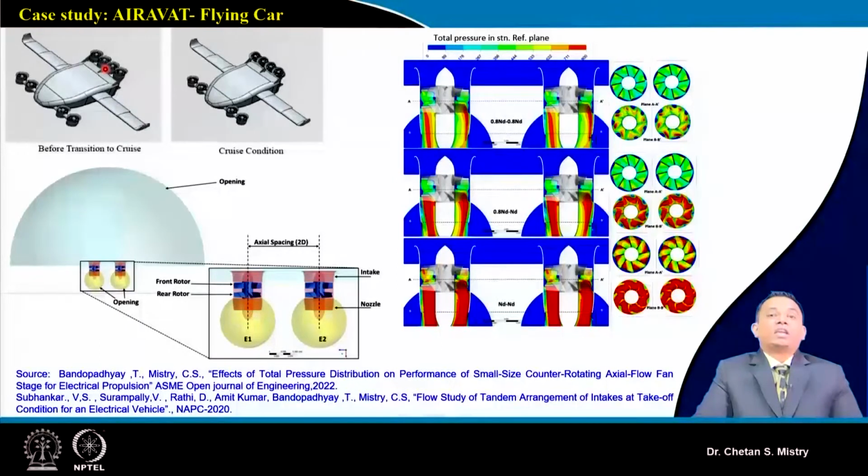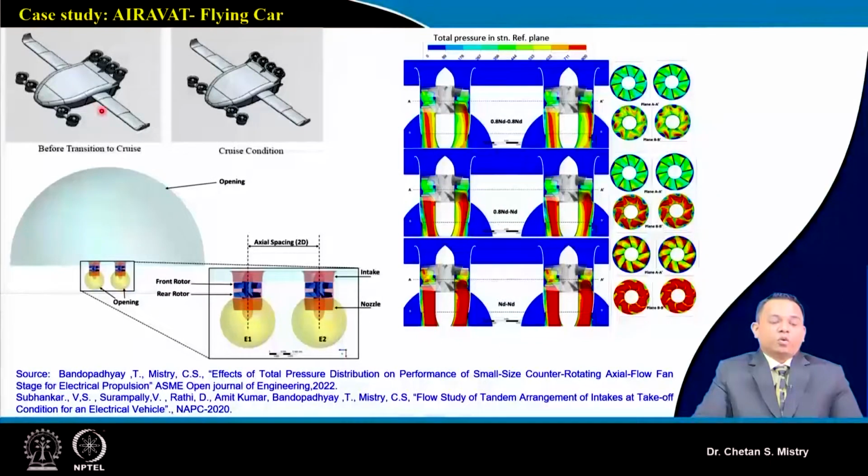That gives benefit in terms of weight as well as endurance and motor capability, and that is the reason why we have gone with this multi-fan configuration. Now when we are flying at cruise condition, this is a vertical takeoff kind of configuration, where we have a telescopic wing that gives benefit when we go for cruise.